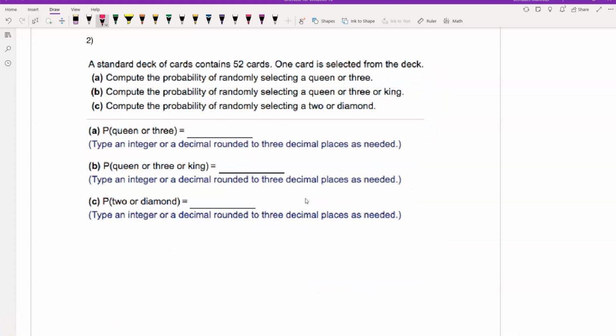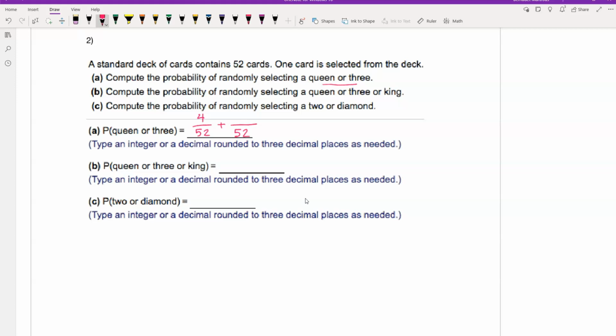Now here on this part, we have 52 cards. Part A is asking to find the probability of a randomly selected queen or 3. So in total we have 52 cards. We have or, so we should add. Here we have these two events, queen and the other one is 3. How many queens do we have? It's 4.